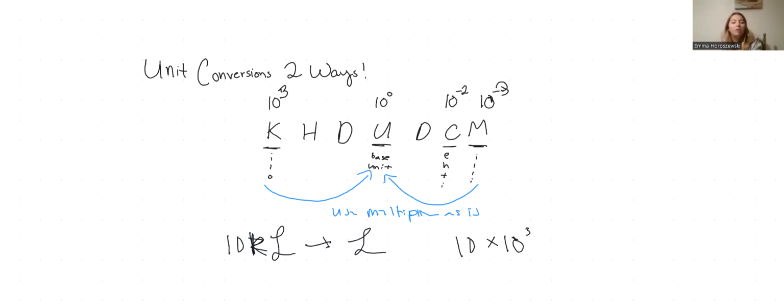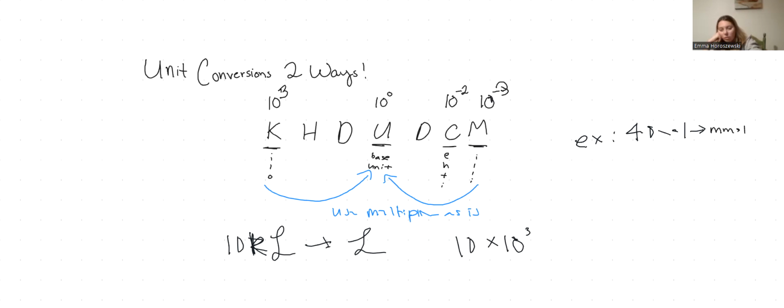And then if you were going to go the opposite way, if you were going outwards from the base unit, what you would need to do is negate that exponent. So you would need to flip the sign of the exponent. An example of that would be if you had 40 moles, and you wanted to convert that to millimoles.